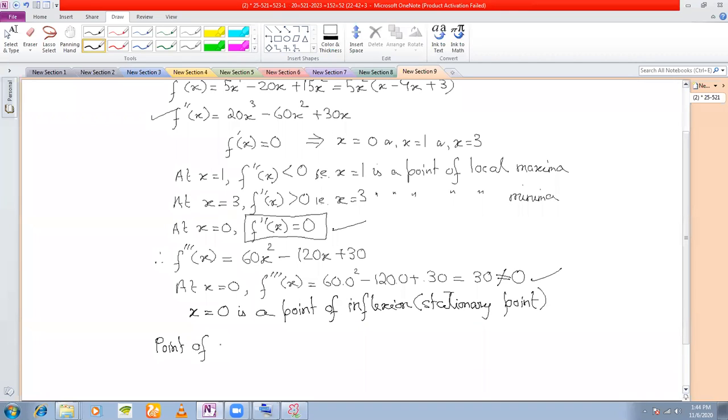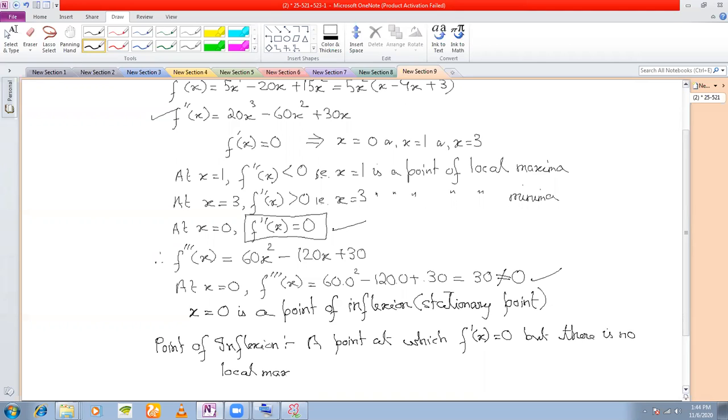What do you mean by point of inflection? A point at which f dash x is equal to 0, but there is no local maxima or minima at that point.